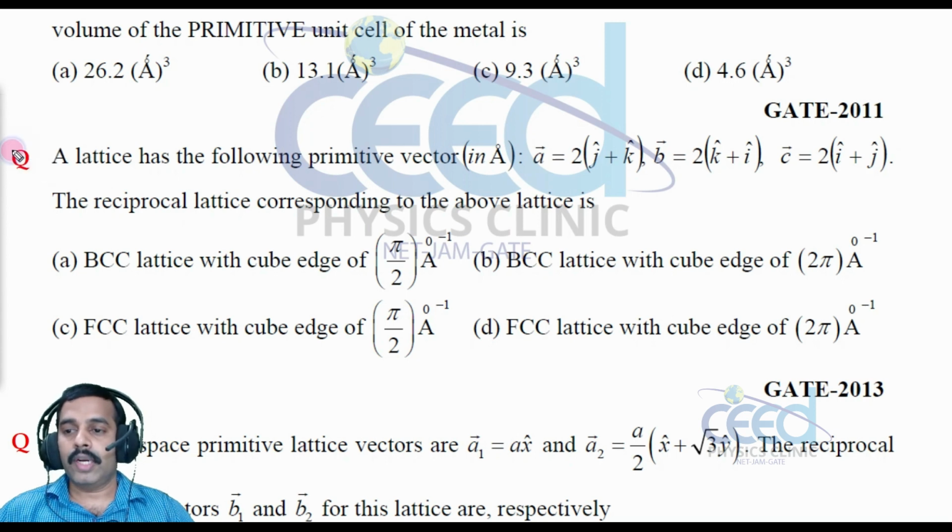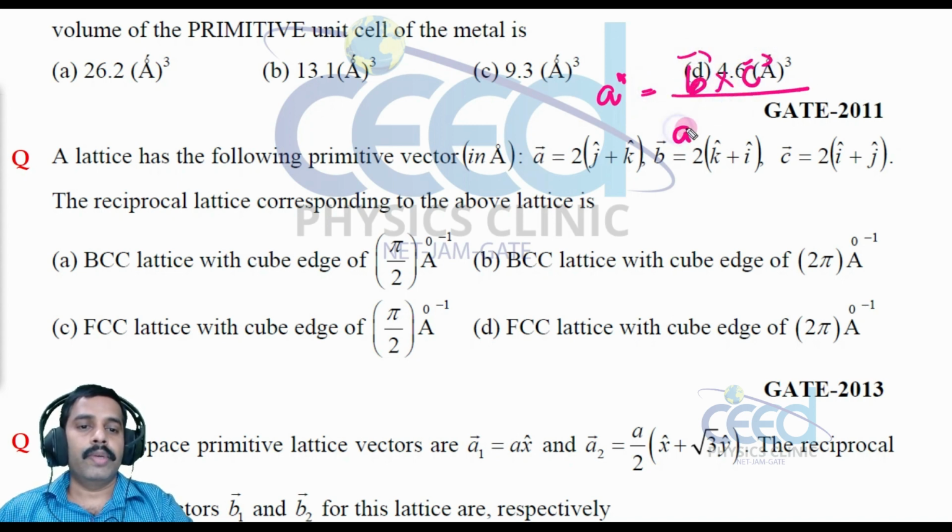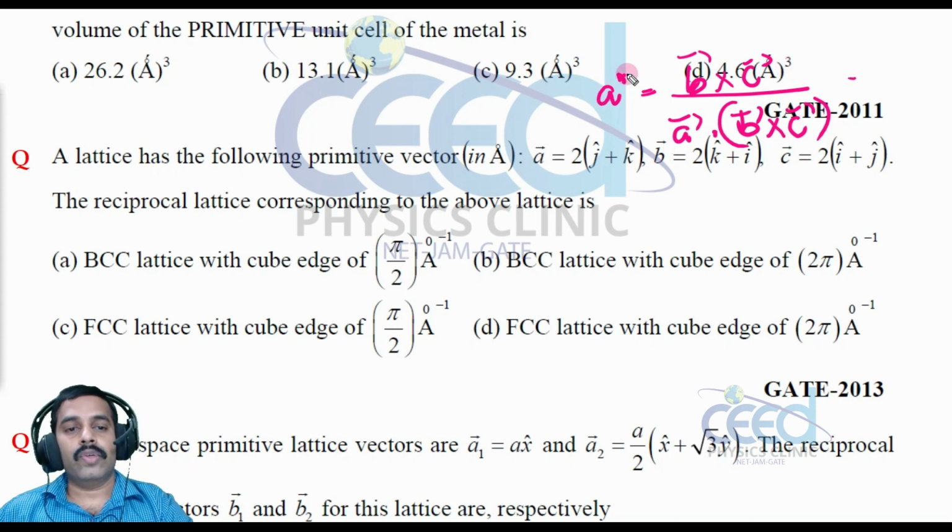So the reciprocal lattice vector we can calculate, as this primitive unit cell is given, right? The reciprocal lattice vector is defined as B cross C divided by A dot B cross C, in the direction of A, so A star.